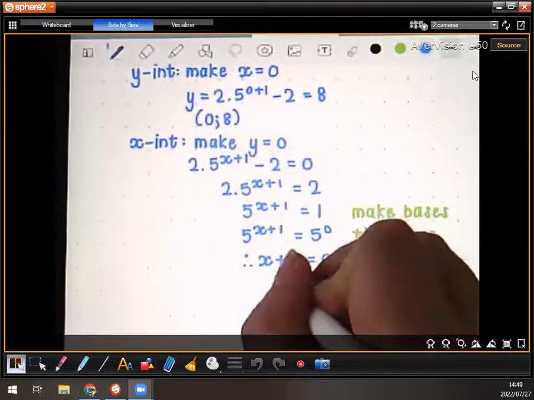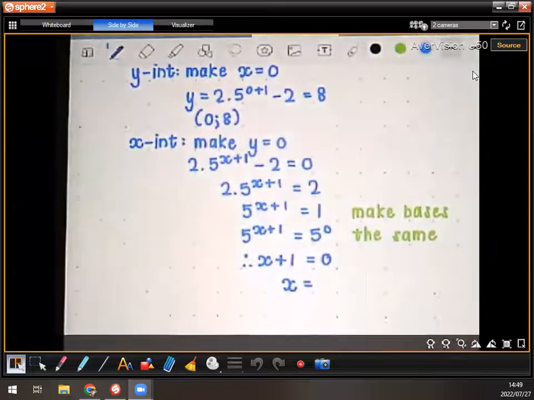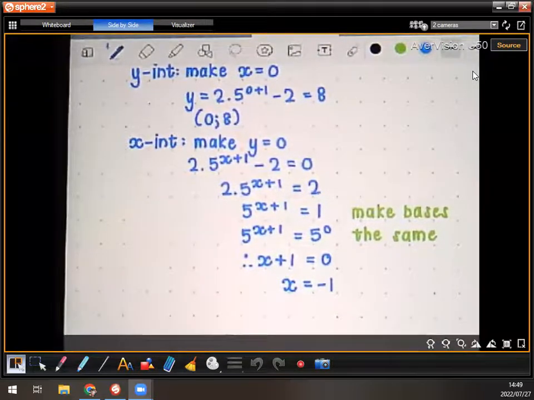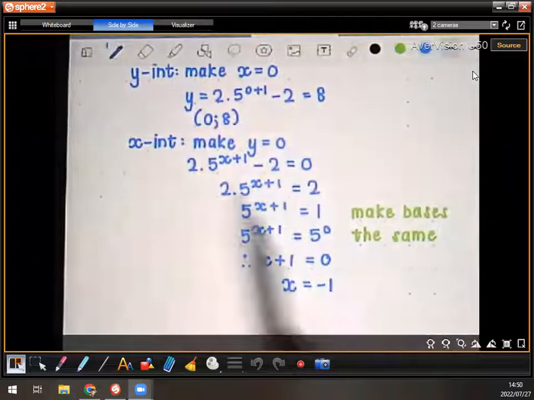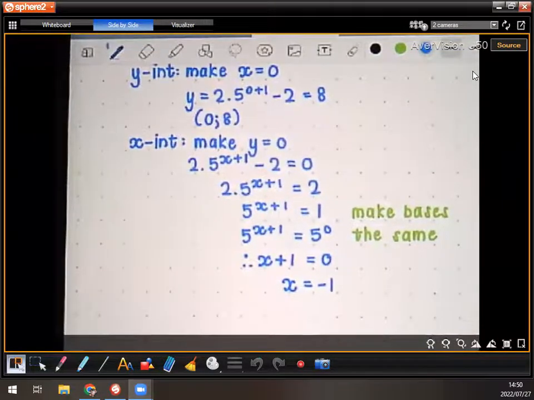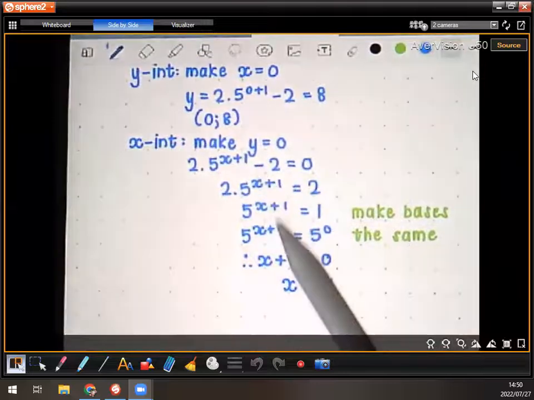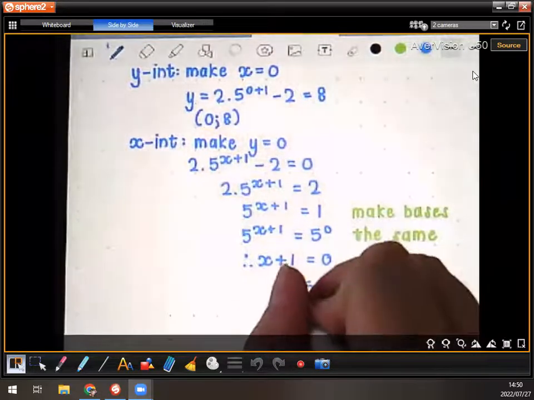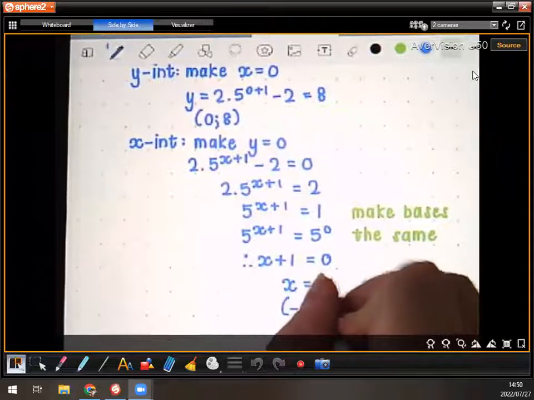So x equals 0 minus 1, so negative 1. All of that working to get the x. Like I said, this is possibly going to be what might be problematic, so we're going to practice a whole bunch tomorrow.